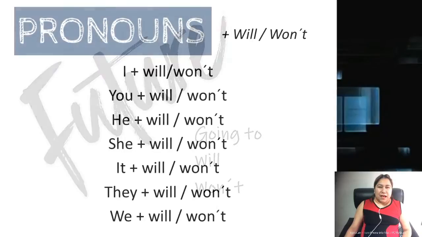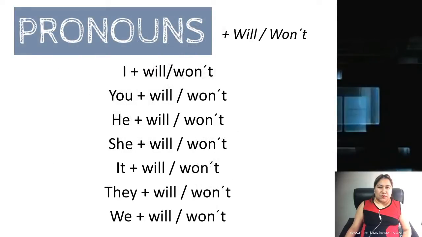First of all, I'm going to explain how to use the auxiliary will. Will is named an auxiliary because it's something that is going to help us. The structure that you have to follow is the next one. You are going to require a pronoun such as the ones that I show you.